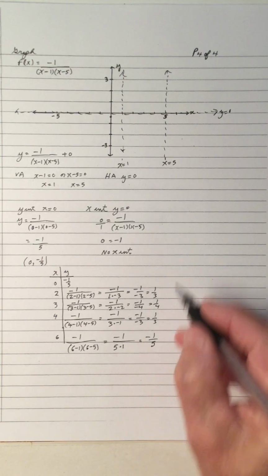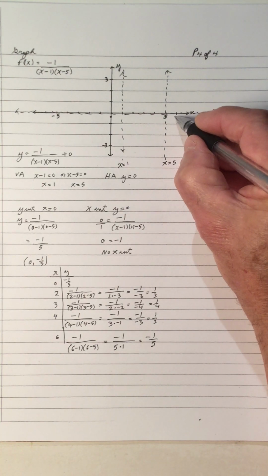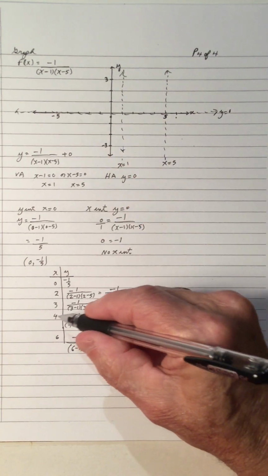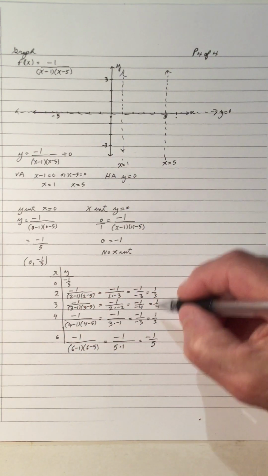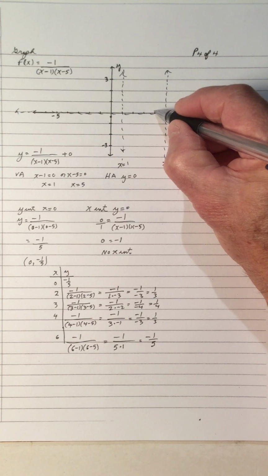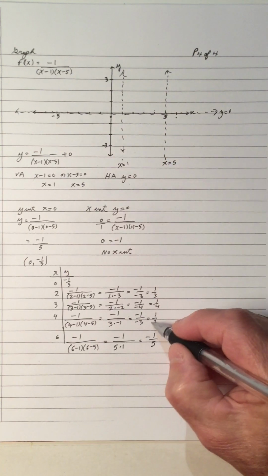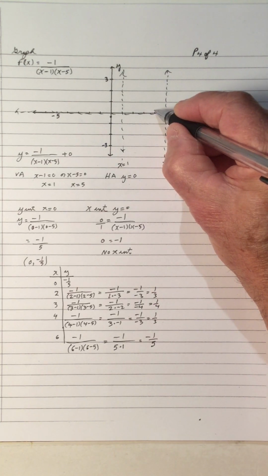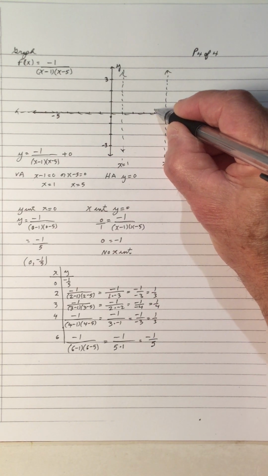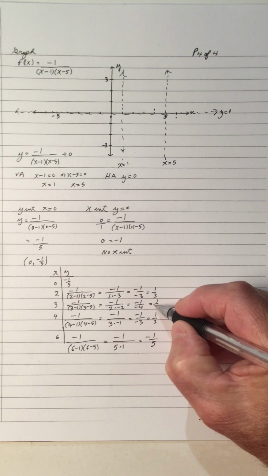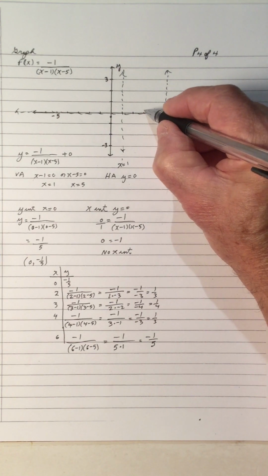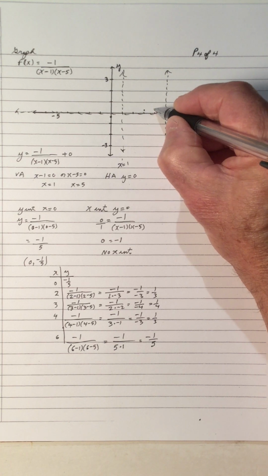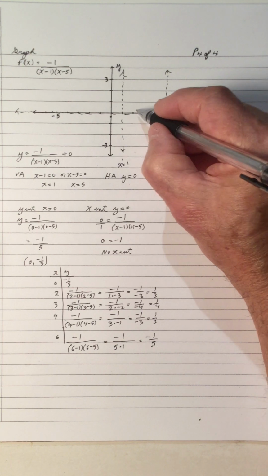So x is 0, y is negative 1/5. That's right here, the same as this one. 4 is 1/3. So let's say we got 1/3, 1/4, 1/3. 1/3 is a little bit higher, and 1/4 for 3 is a little bit lower, because 1/4 is 0.25 and 1/3 is 0.33.